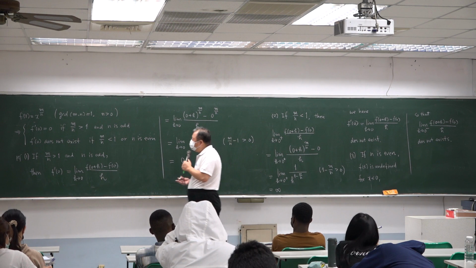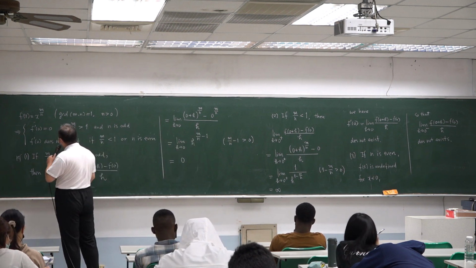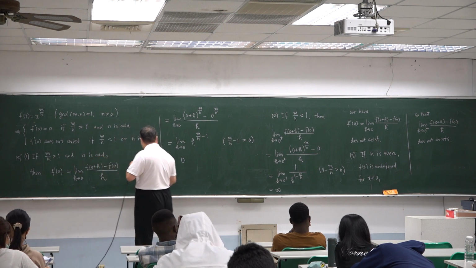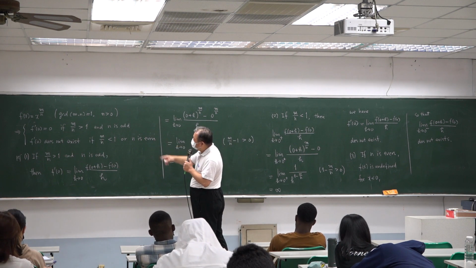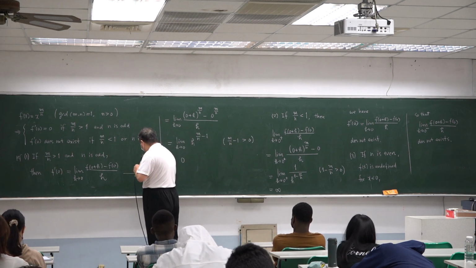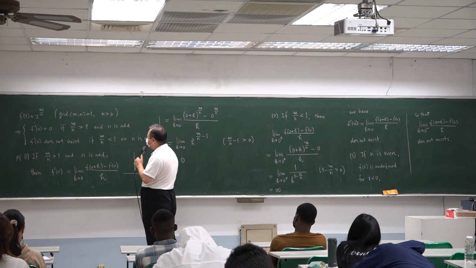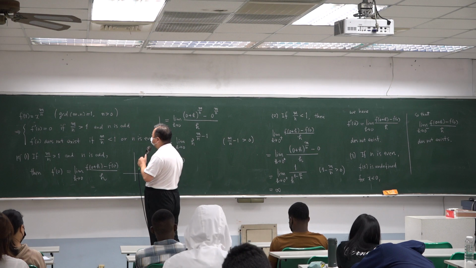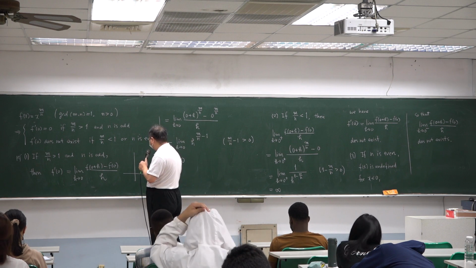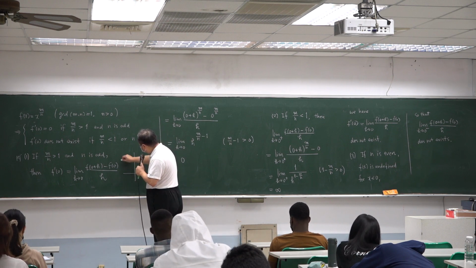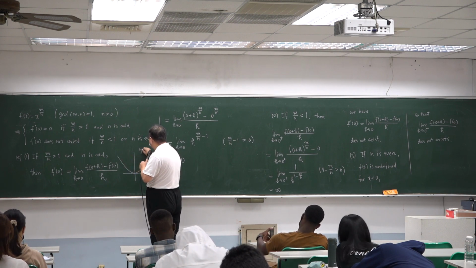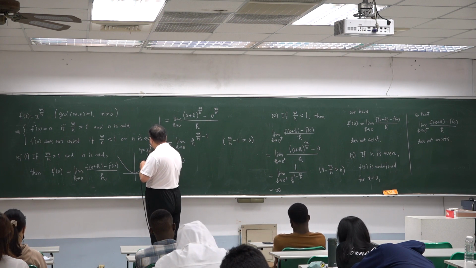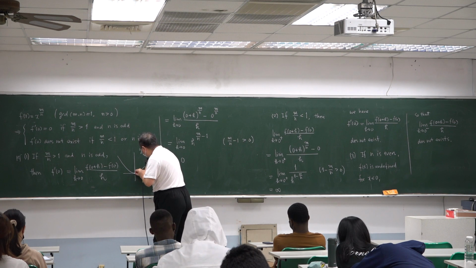So I'll give some examples. For example, if this one is greater than 1, okay, greater than 1, here there's a horizontal tangent.